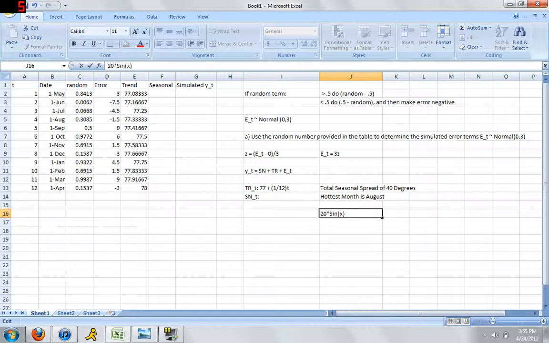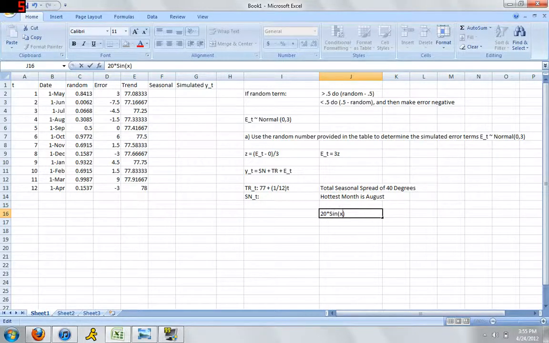But that's going to be positive amplitude. If you extend that out one period, it's going to have positive and negative amplitude, which gives a negative 20 at the lowest point. So the difference between positive 20 and negative 20 is going to be 40 degrees, obviously. So the first part is going to be 20 times sine, which is the coefficient of the sine function.